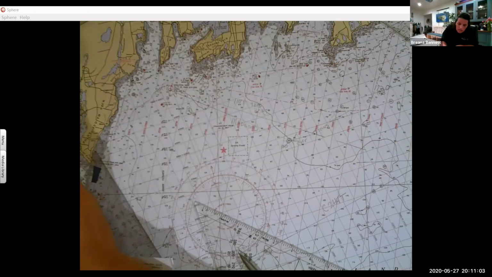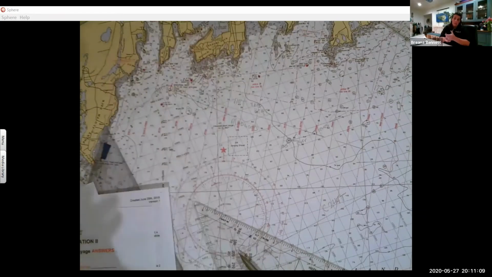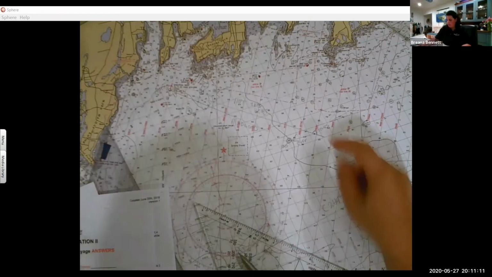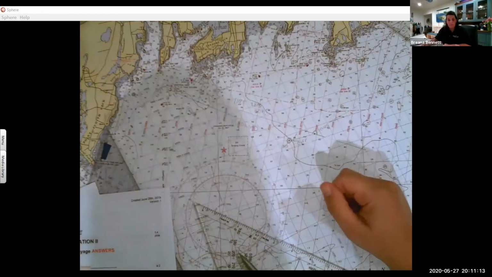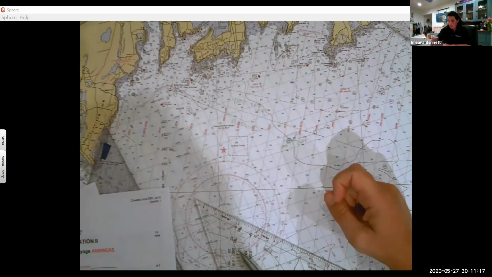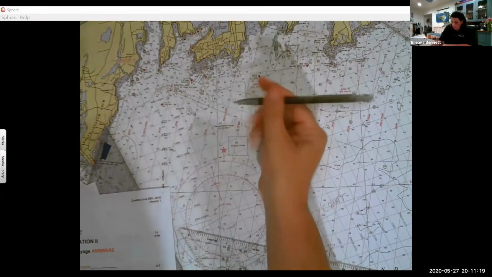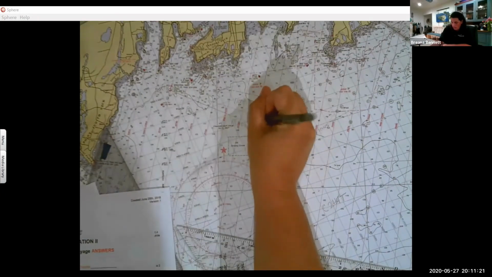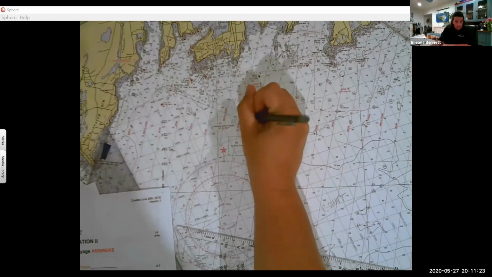So that's 1, 2, 3, 7. So I'm not making as good speed, right? This is slowing me down a bit. Yep, 7. So I'm made good 7 knots at 116.